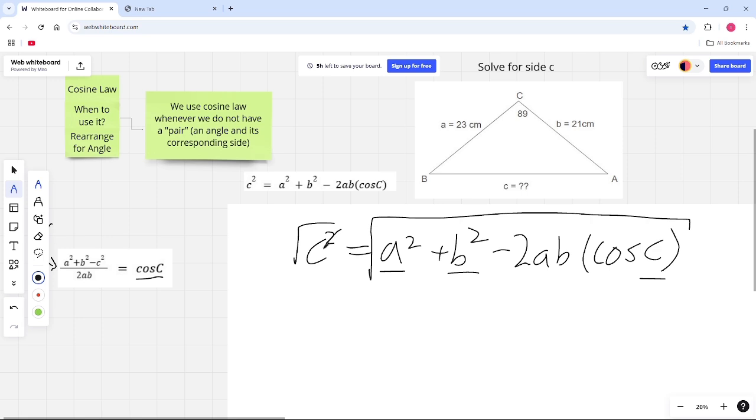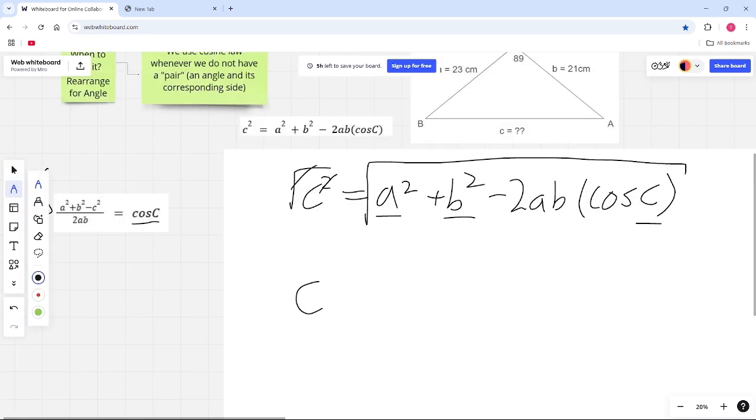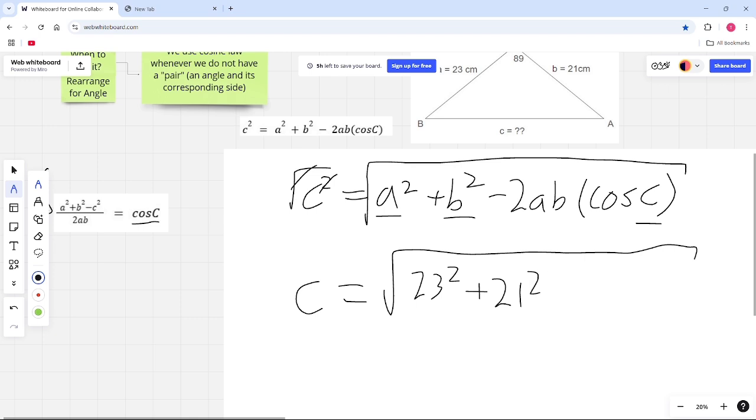So now we can just isolate for side C. Now let's plug in our variables. So this will be 23 squared plus 21 squared minus 2 times 23 times 21 times cos 89 degrees.